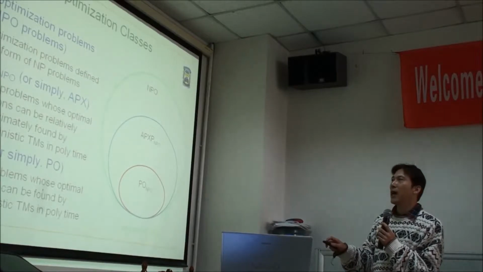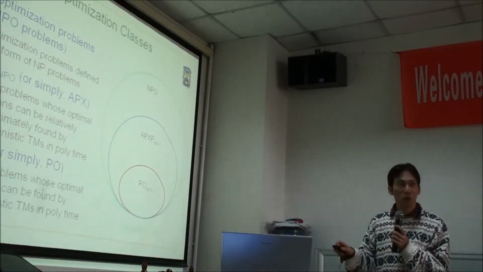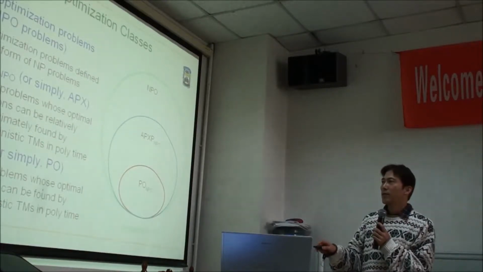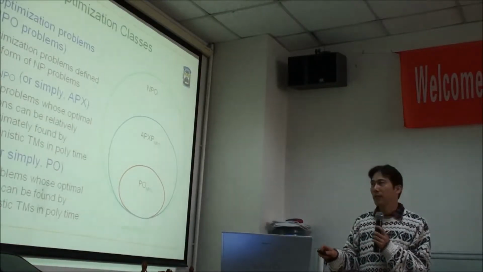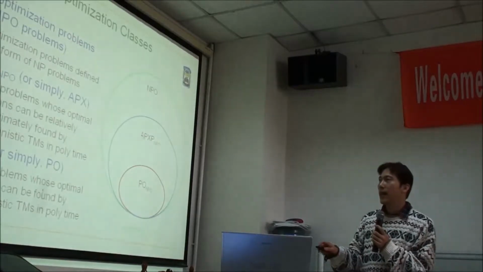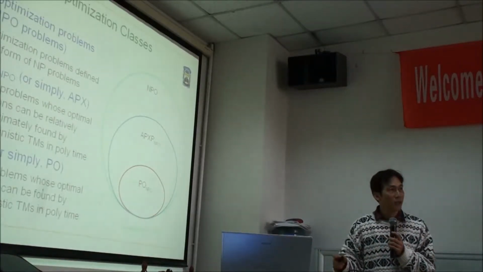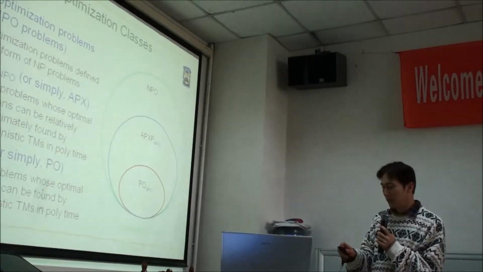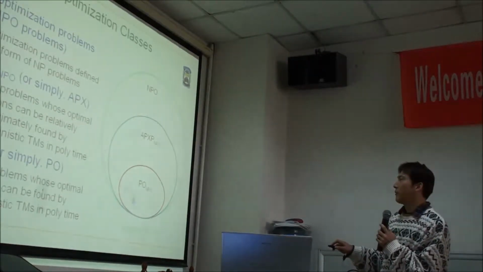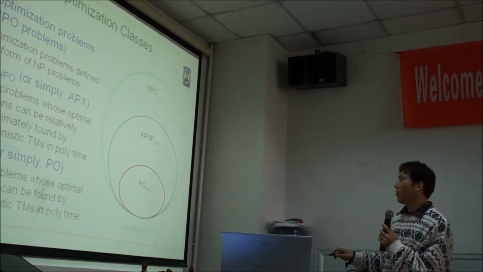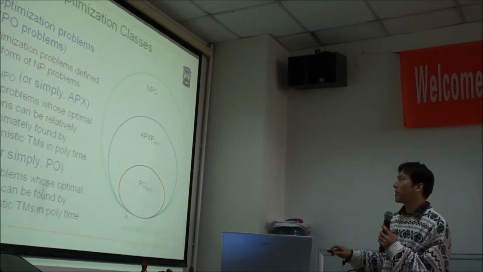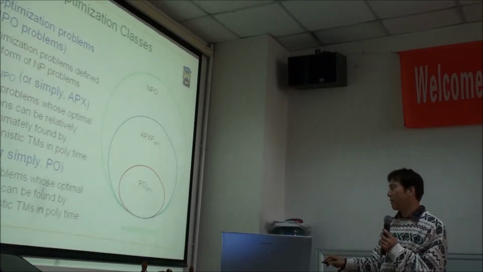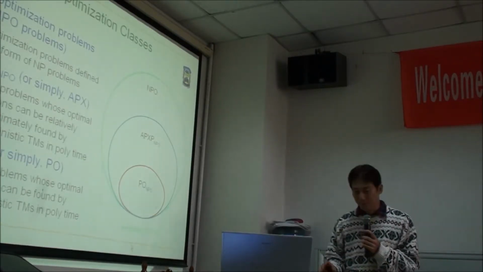That means we can actually approximate the optimal solutions in polynomial time. And another typical class is called the PO. That means that we can actually exactly calculate the optimal solutions in polynomial time. So if you take a look at a picture like this one here, the PO actually covers a very small area compared to the big NPO, assuming that P is different from NP.